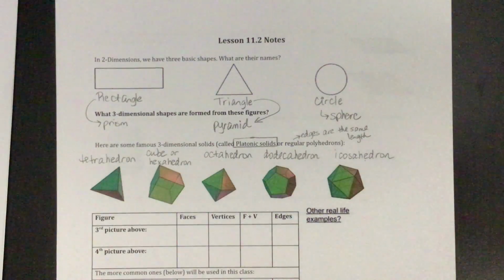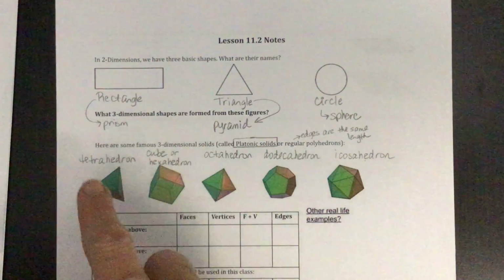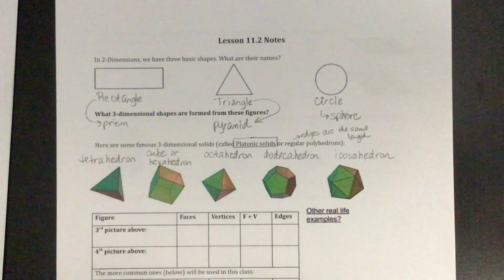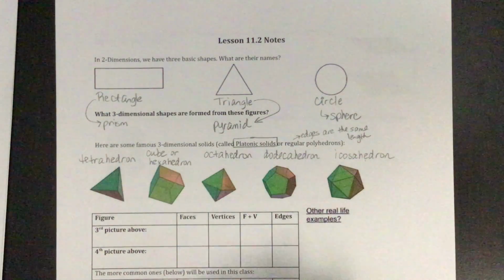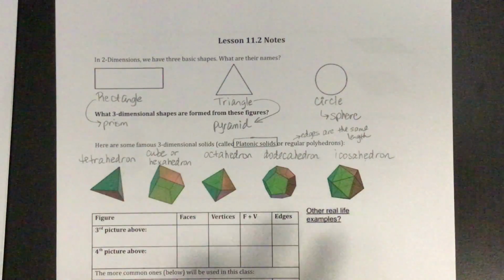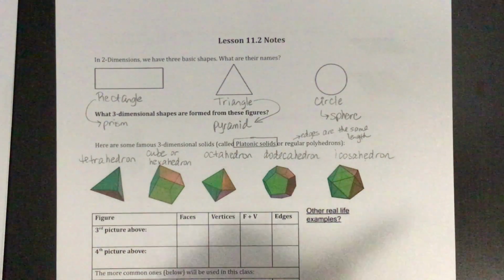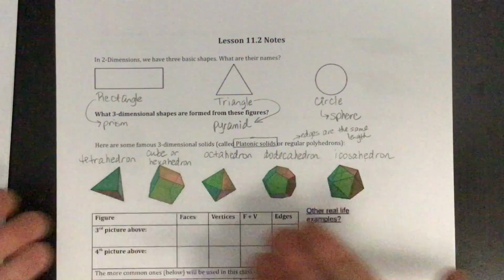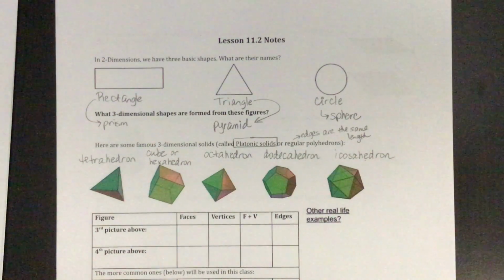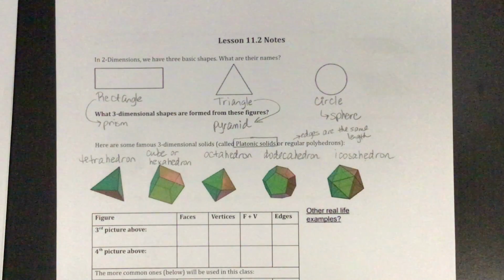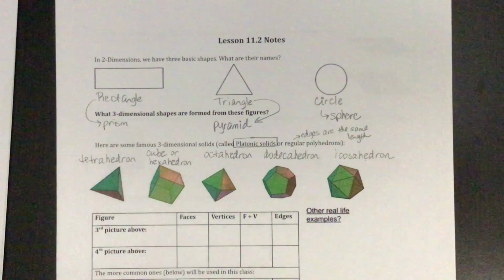Okay, so these are just some of the three-dimensional shapes that we're going to be dealing with in Unit 11 or Chapter 11. Today, what we want to learn about is something called platonic solids, or at least these 5 here are called platonic solids. And really what we want to look at is how three-dimensional shapes have faces, vertices, and edges.